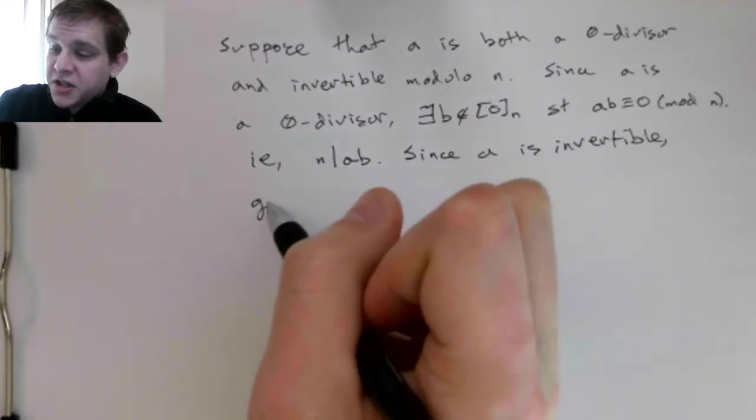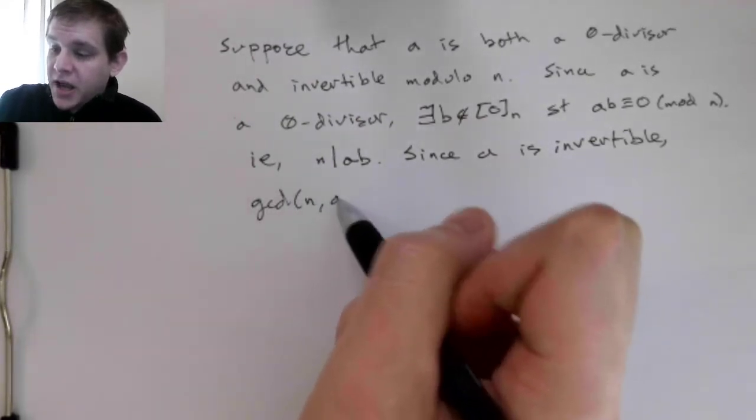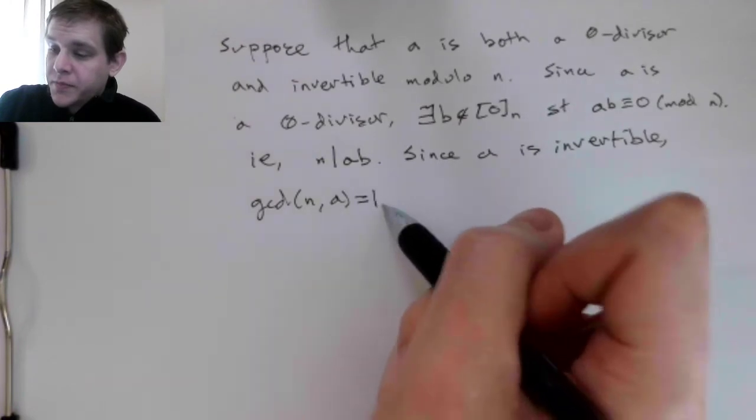This means that the GCD of n and A is equal to 1.